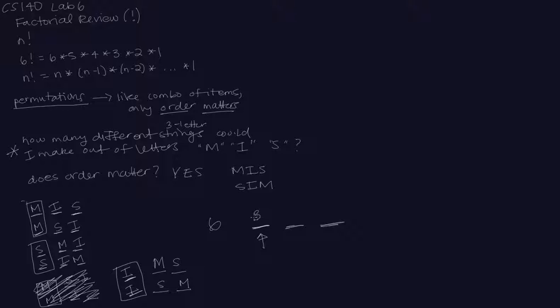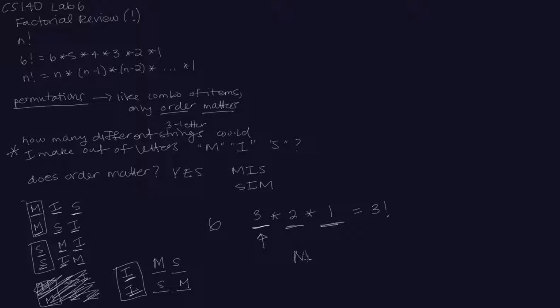Then once I lock it in and move on, let's say I choose an M, then I only have 2 choices left. And then once I lock that second letter in, I'm forced into the last letter. So that is equal to 3 factorial, which happens to be the number of slots I have for my string.